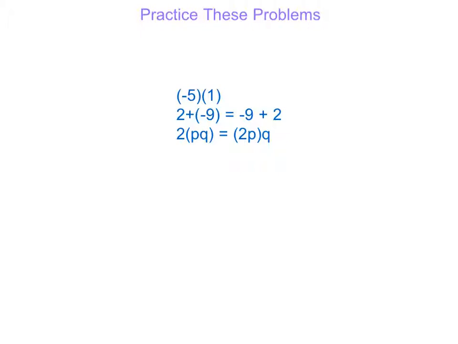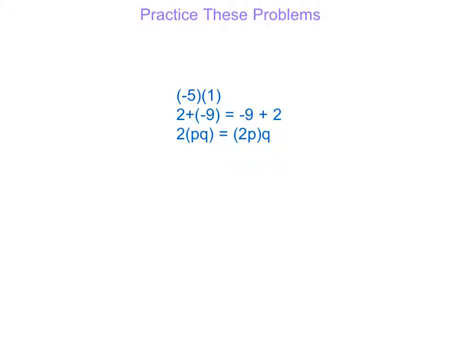Okay, so let's do a couple of practice problems. These are your first 3 problems that you have to practice on your own. First of all, you have to figure out what property is being used when I say -5 times 1. Which of the properties that I just talked about are we using there? The second problem is 2 plus -9 equals -9 plus 2.